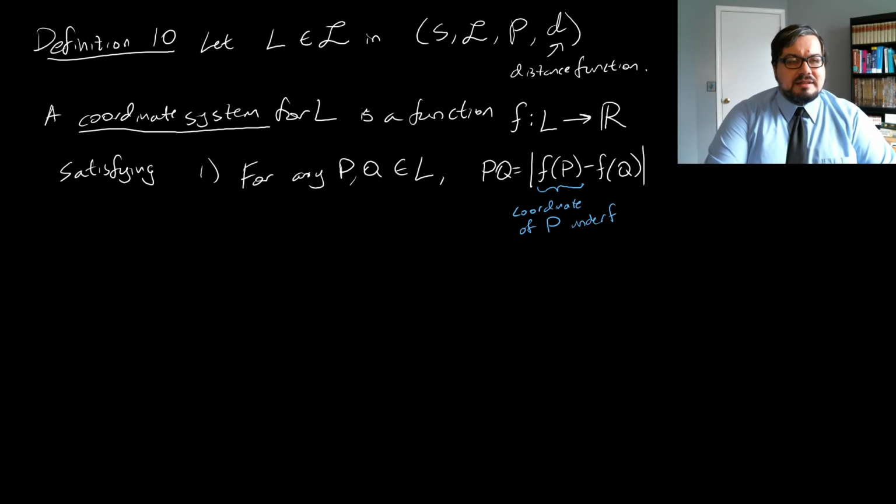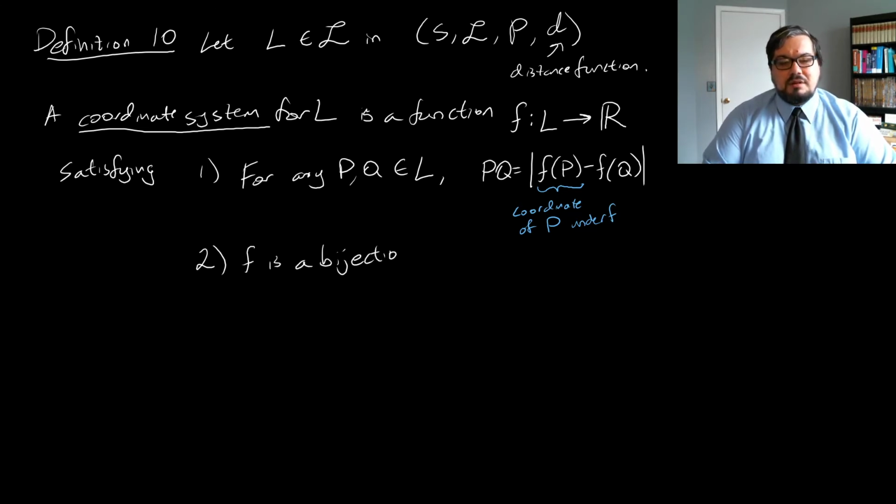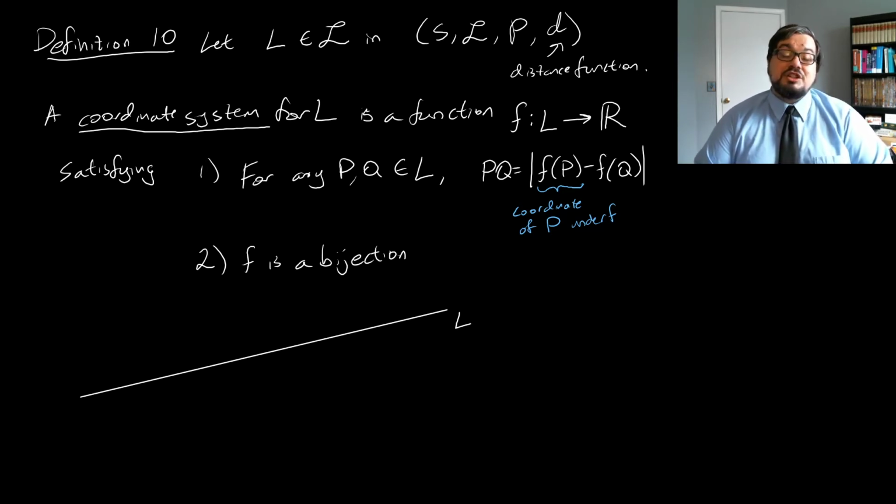The second condition, and we'll look at exactly how this works in a second, is that f has to be a bijection, meaning it has to be 1-to-1 and it has to be onto. So let's see how this works. If I take a line here, this line is a collection of points in my geometry.